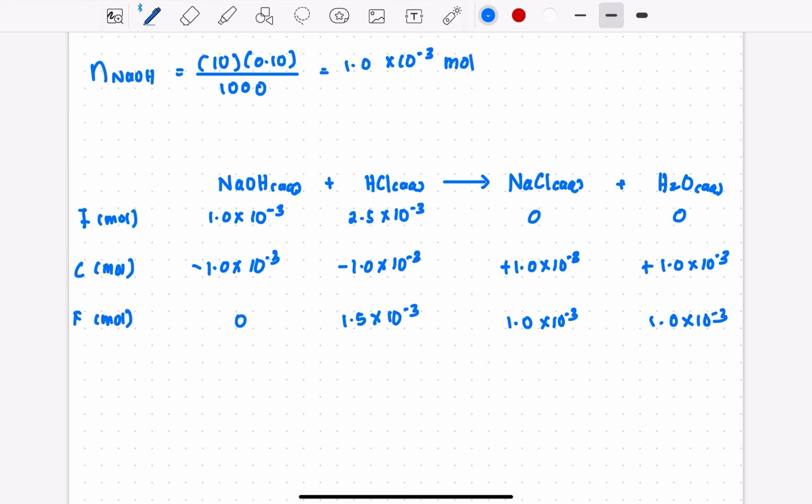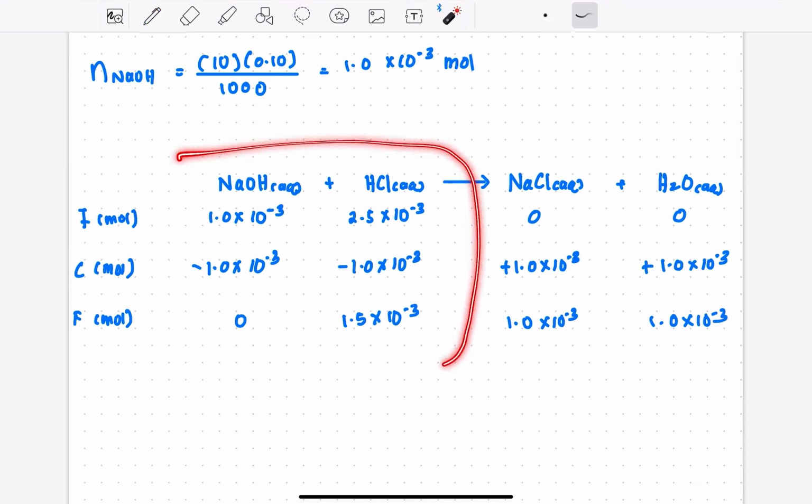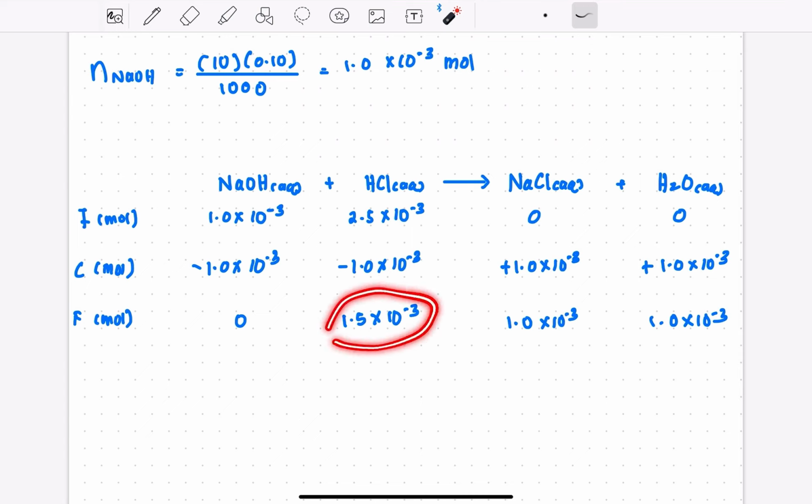Now as you can see, we only look at these two. Now, after the reaction, we can see that sodium hydroxide left nothing. Okay, it's 0. But still, we have the excess for the hydrochloric acid, which is 1.5 exponent negative 3.